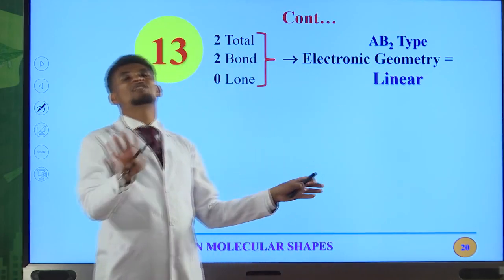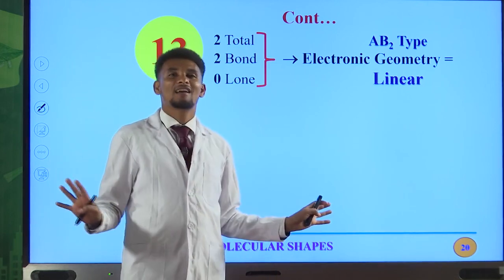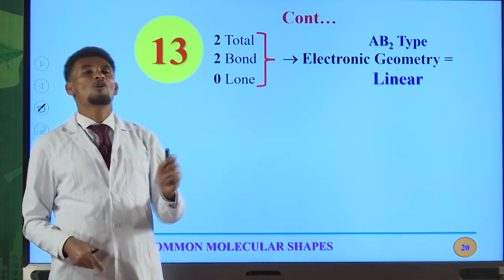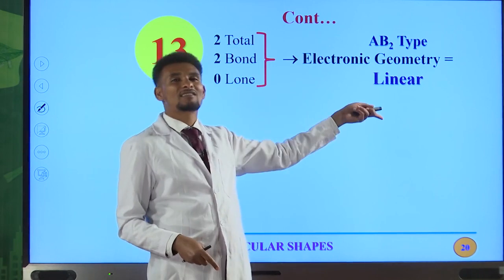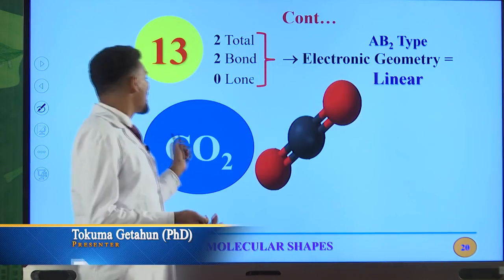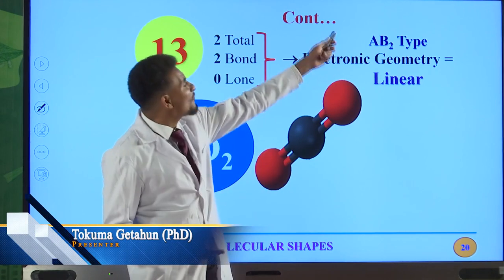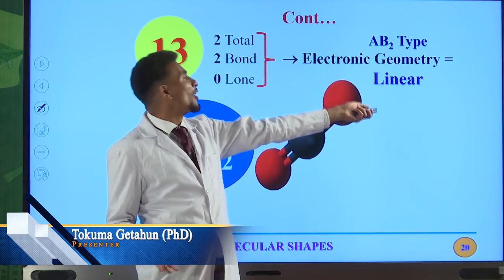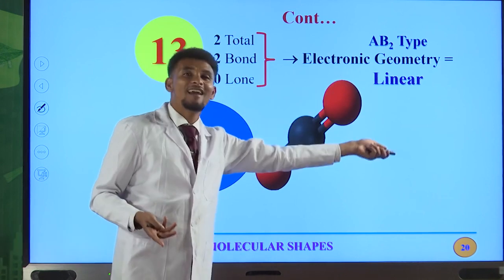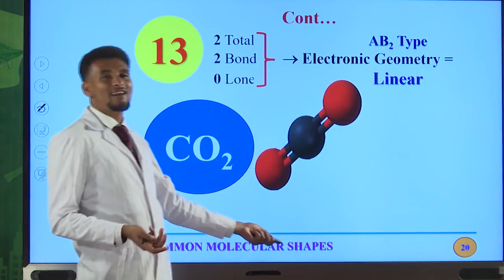Their molecular geometry is also linear. Why? Because we have no lone pairs of electrons around the central atom A. Carbon dioxide is one best example for molecules that have AB2 type. So the electronic geometry is linear, its molecular shape is also linear.